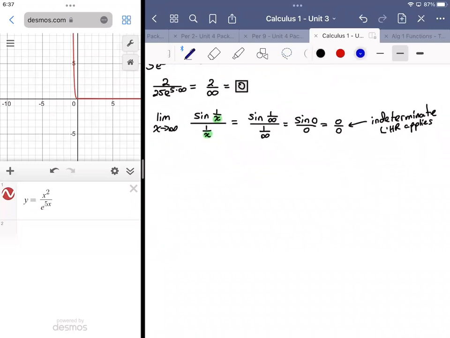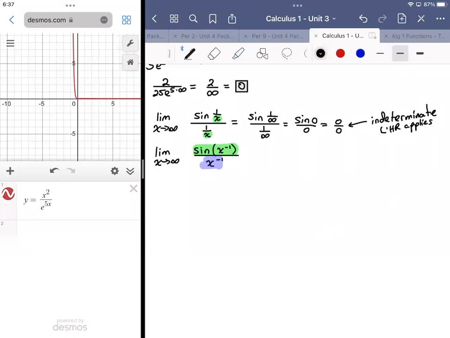I'm going to rewrite the limit as x approaches infinity of sine of x to the negative first power over x to the negative first power. Then I'm going to take the derivative of each part, applying L'Hopital's rule.